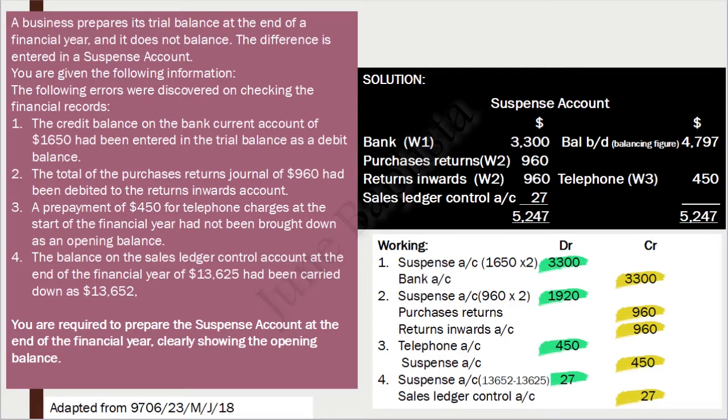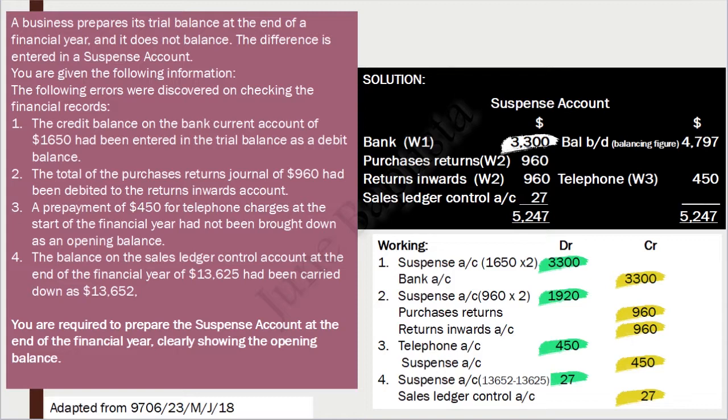Let us now open our suspense account. Since we do not have the balance brought down, we will leave that empty for the time being. Error number 1, bank account is credited and suspense account is debited. Therefore, the suspense account is debited with $3,300 according to working number 1.